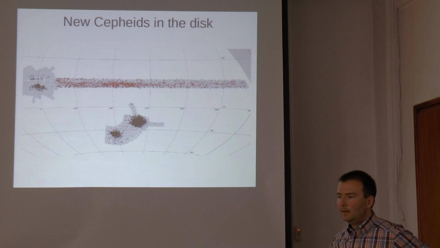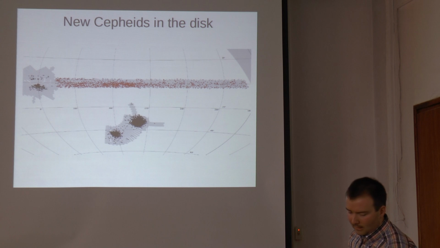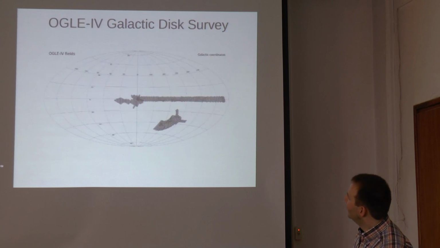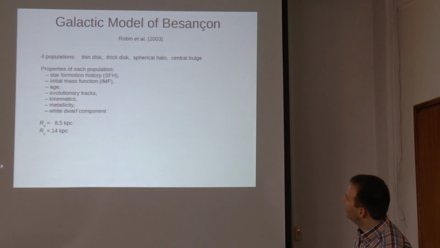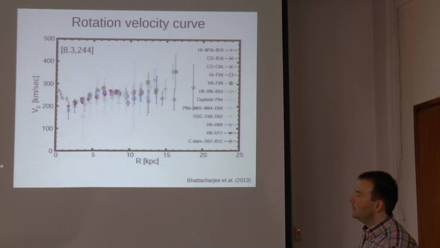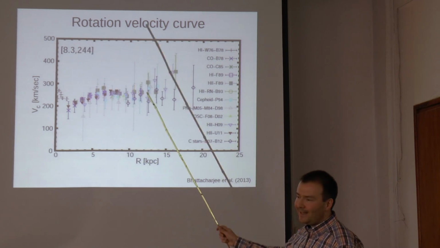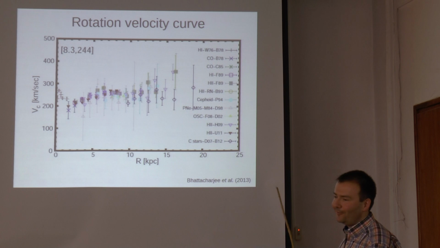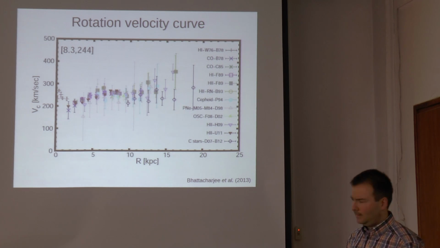Does the motion of the solar system around the center of the galaxy agree with the rotation curve? Well, there have been some corrections. So it was 220 and now it is 240 kilometers per second.